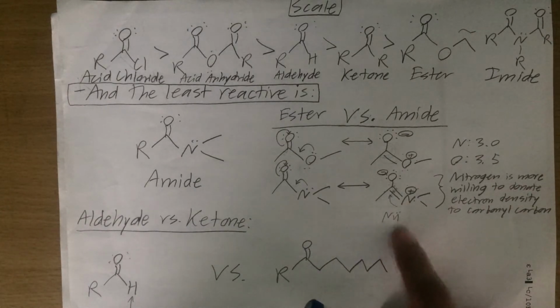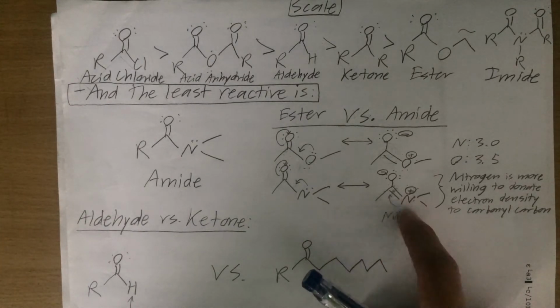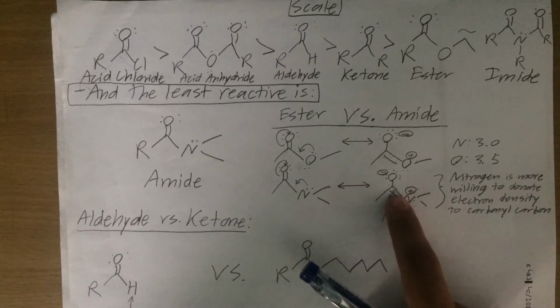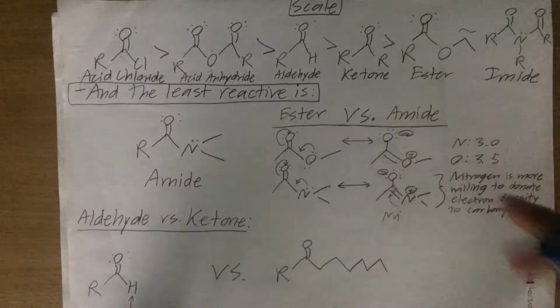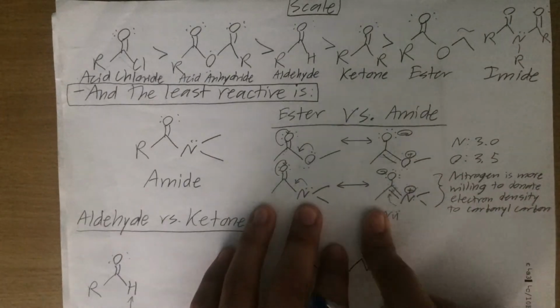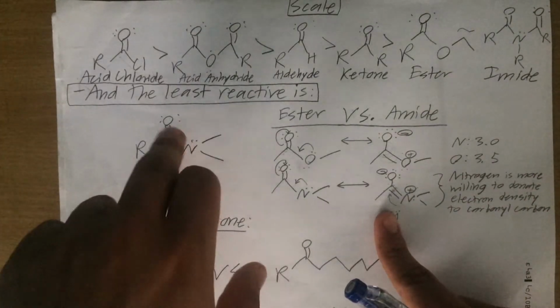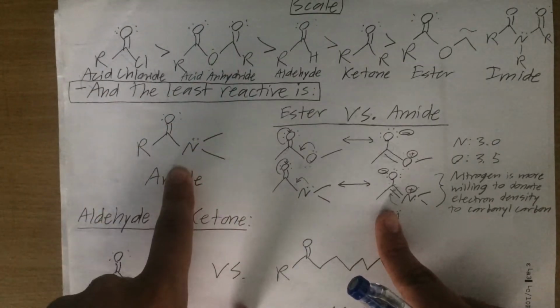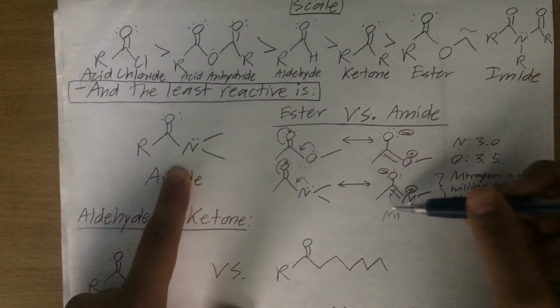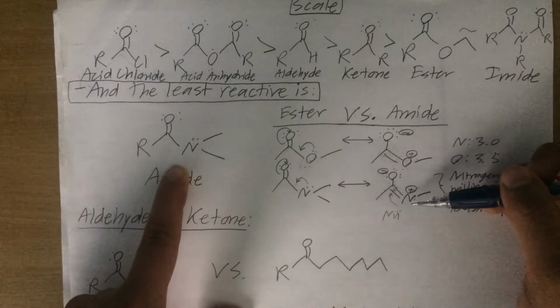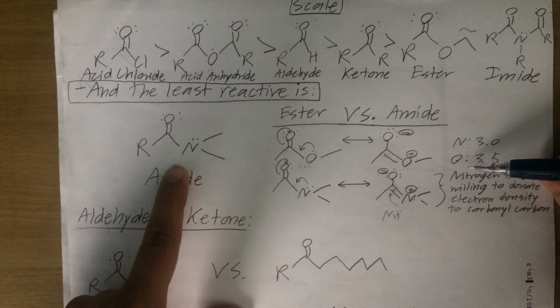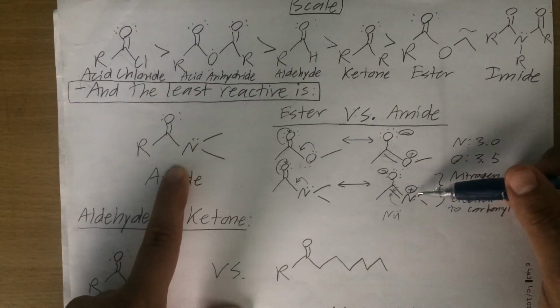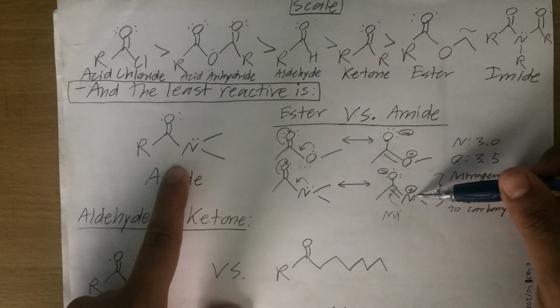Let's say we have a nucleophile that wants to attack the carbonyl carbon here. As a result, the carbonyl carbon for the amide is less electrophilic. It's less partially positive than the carbonyl carbon for the ester, because this is a happy situation. After all, nitrogen is less electronegative than oxygen, so if you take away some electron density from nitrogen, it's not really going to care that much.